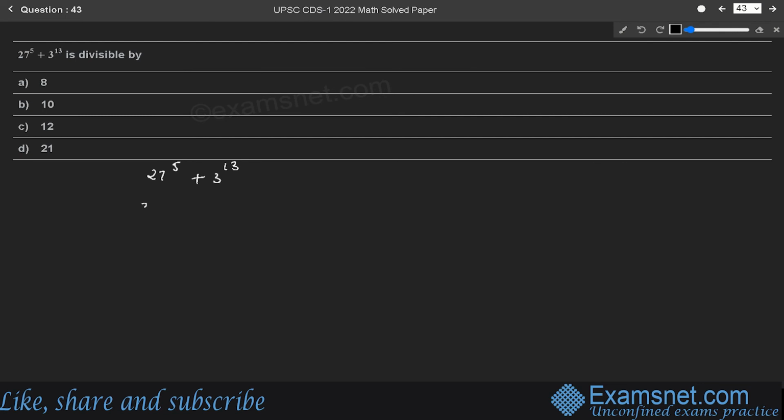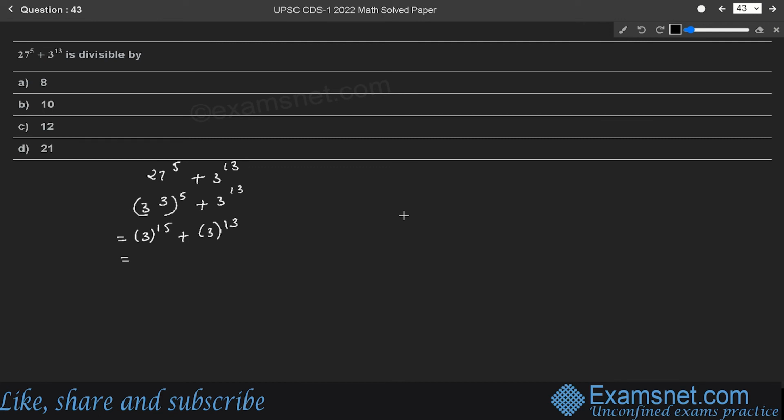So it can be written as (3³)⁵ + 3¹³. We know that when the base is the same, the powers will be multiplied, which will be 3¹⁵ + 3¹³.